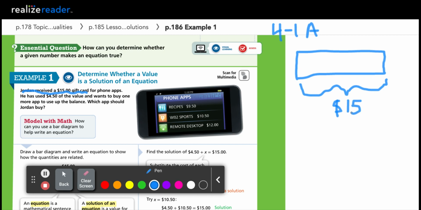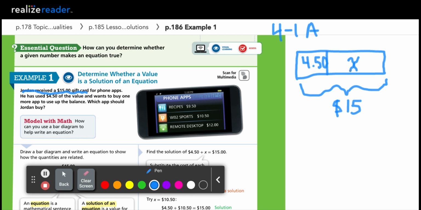He has used $4.50 of the value on one app, and then he wants to use the rest of the money to buy another app. So we are going to divide this box into two parts because he's already spent $4.50 on one app, and then he's going to spend some other unknown amount on another app, and both of those are going to total and equal $15.